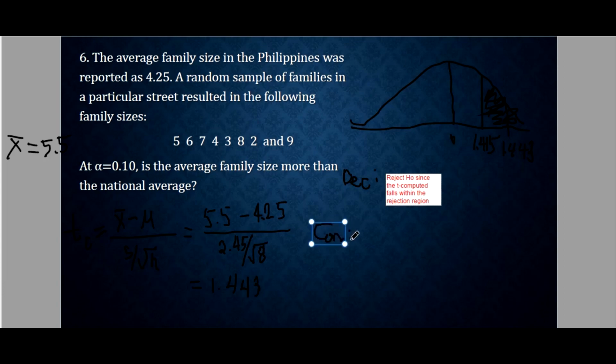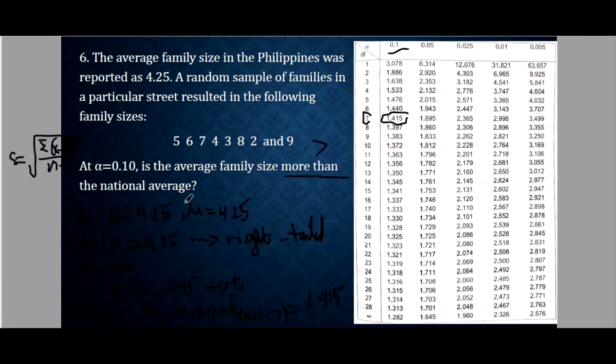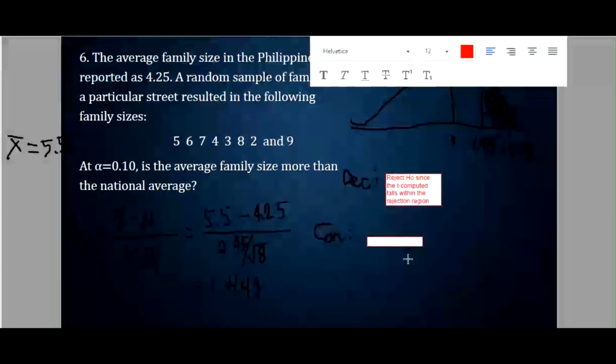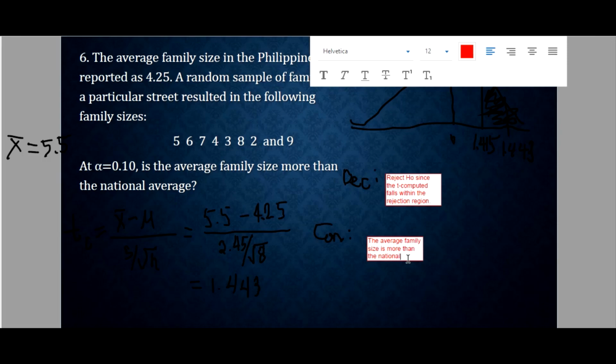Thus, our conclusion: if we reject H0, you may simply conclude the alternative hypothesis that the average family size is more than the national average, which is 4.25.